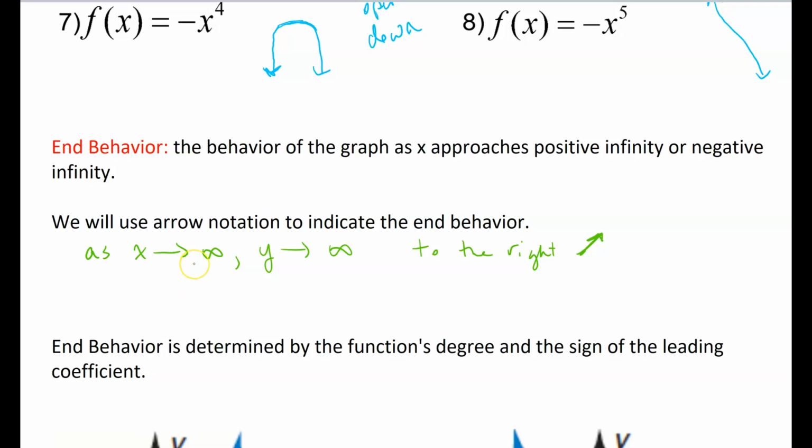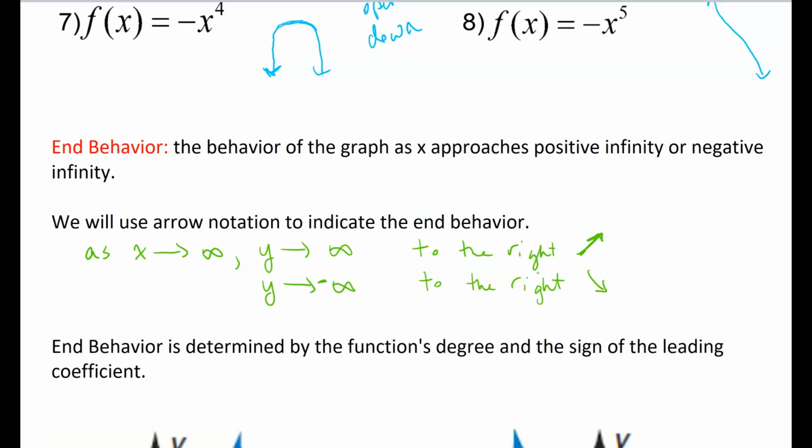We would say as x goes to infinity, y goes to negative infinity, and that's if, again, to the right, it is going downward. Oh, sorry, I forgot the negative. Does the x need to be negative infinity too? Well, right now we're just doing the positive.